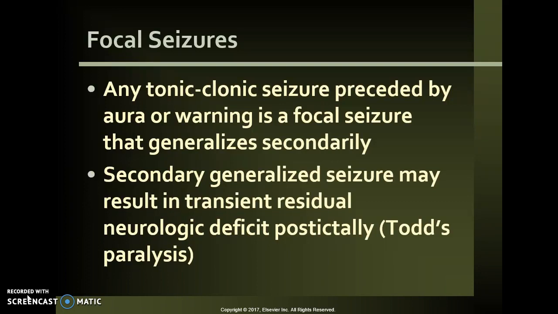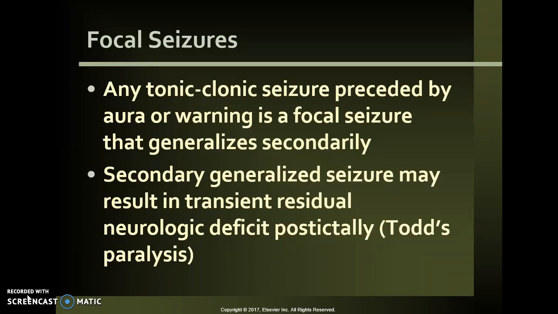Another focal seizure, the tonic-clonic, is preceded by an aura or a warning that the seizure is coming on. A secondary generalized seizure may result in residual neuro problems, like Todd's paralysis. Your book mentions that.